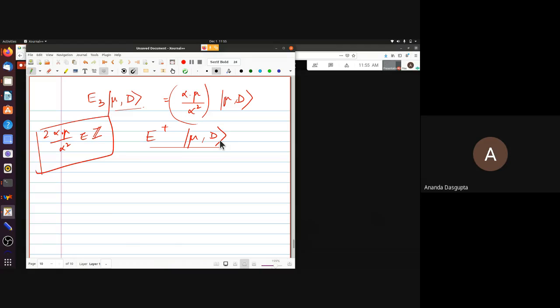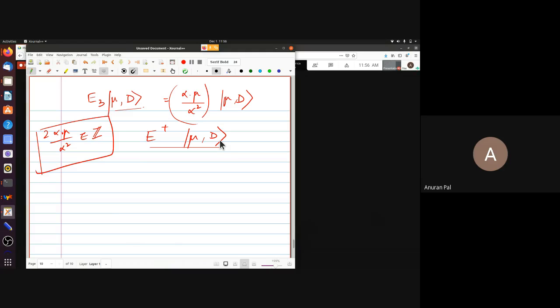Come on, again, quantum mechanics, theory of angular momentum, nothing more. For E3 think J3, for E plus think J plus. Same algebra, so it doesn't matter where it came from. So E3 acting on this will give you alpha dot mu by alpha square plus 1.